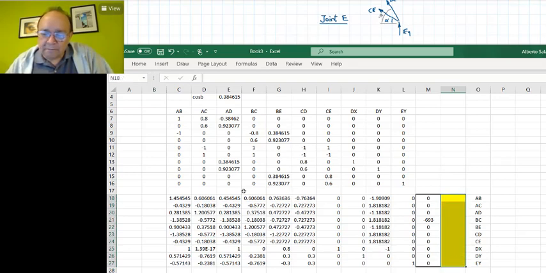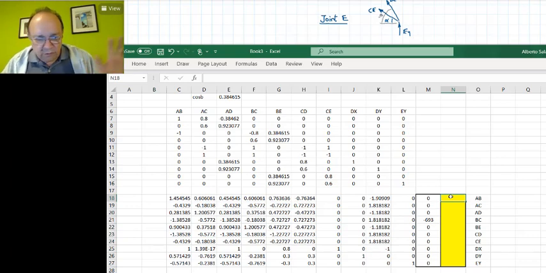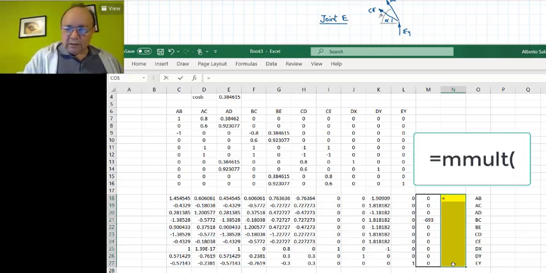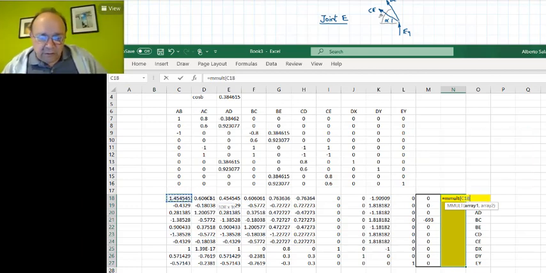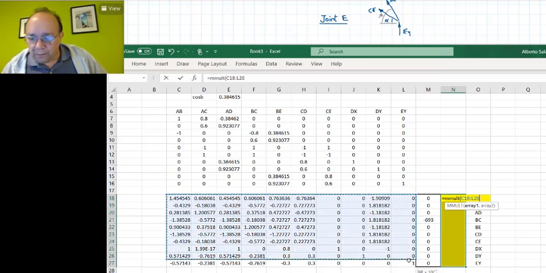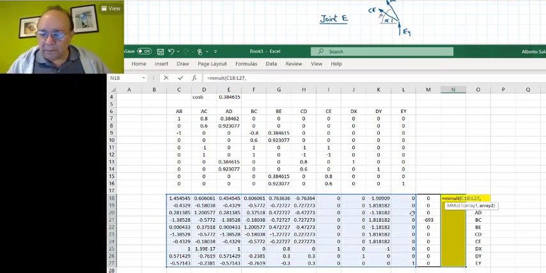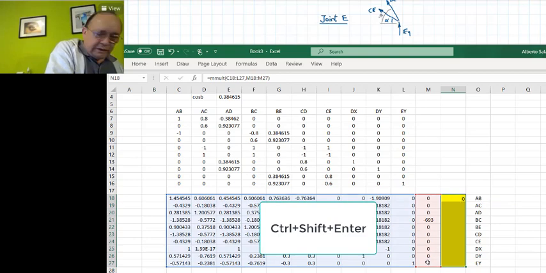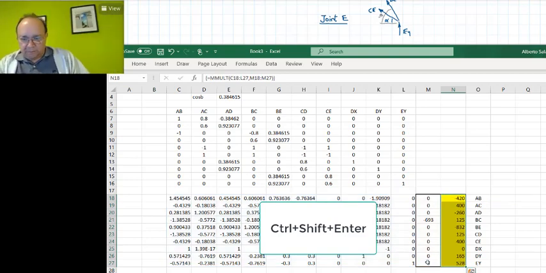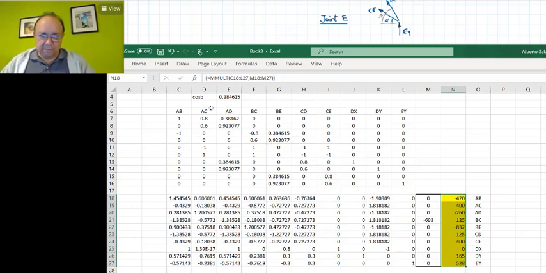In older versions of Excel, you select the whole area first; if you click there and start typing, you screw it up. You type equals M mult, select the first matrix that you're going to multiply, comma, select the vector, close parenthesis, and then Control Shift Enter, and then you have the solution. That's the solution to your problem. That easy.